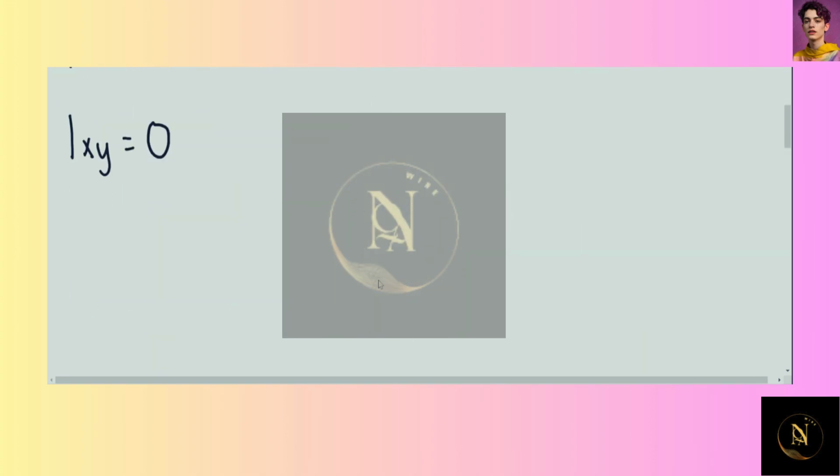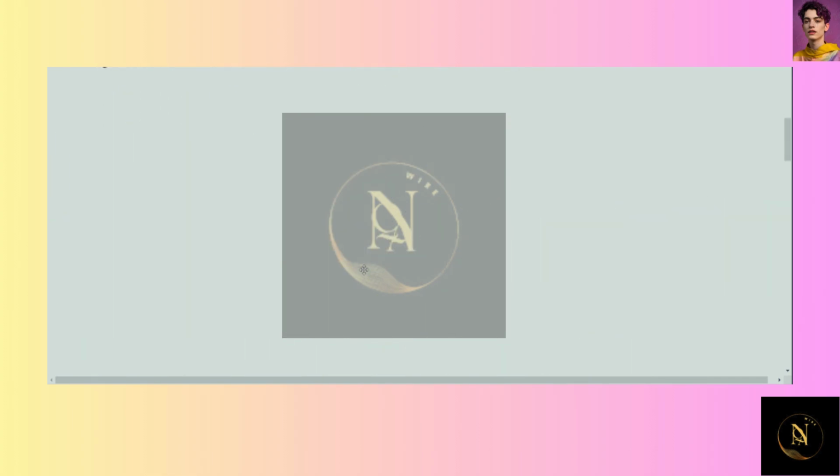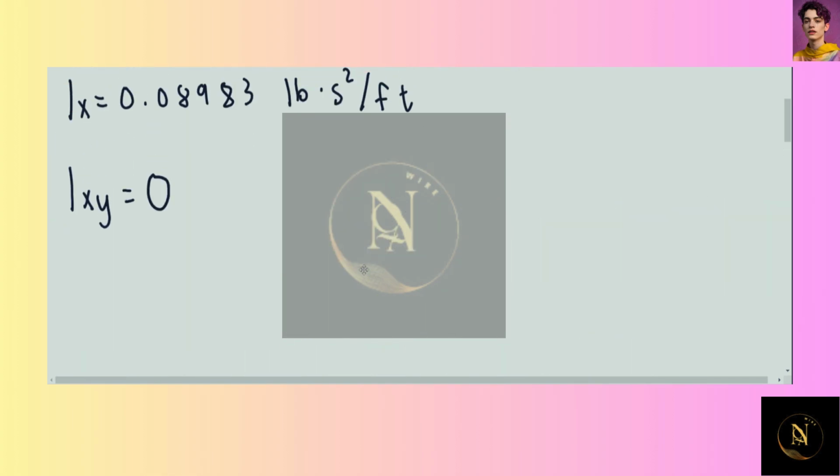So there's no moment of inertia in this xy plane. Now for the xz plane, that's going to be equal to 2 times the mass of the rod times a squared.